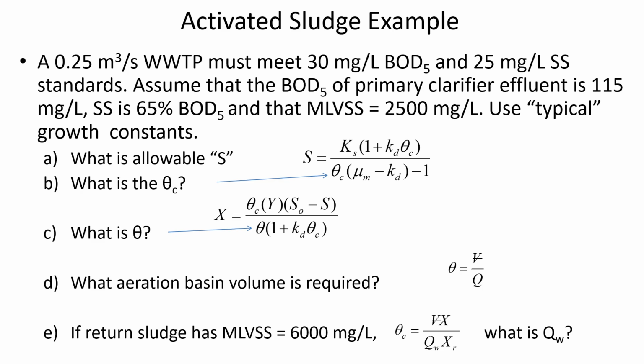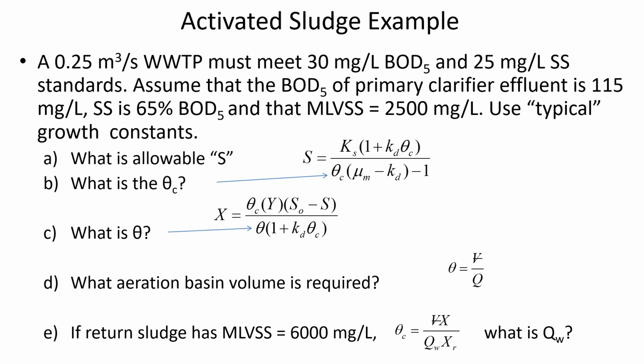So let me write it over here on this board. S is going to be the BOD5 which is allowed, minus the BOD5 in suspended solids. Okay, so the amount that's allowed is 30 milligrams per liter. The amount that's in suspended solids is going to be 65% of our limit. Our limit is 25 milligrams per liter.